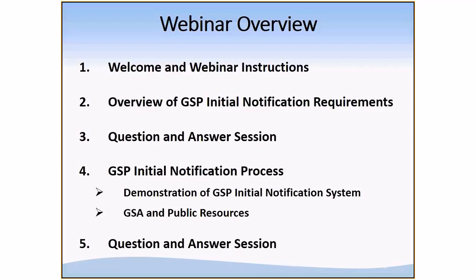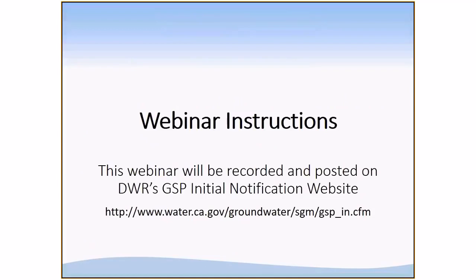Then we'll talk about the GSP initial notification process and the new tool we've developed, starting with a live demo of that system, and then talk about some groundwater sustainability agency and public resources related to that tool. And then we'll wrap up with a question and answer session on that topic of the new process for submitting initial notifications.